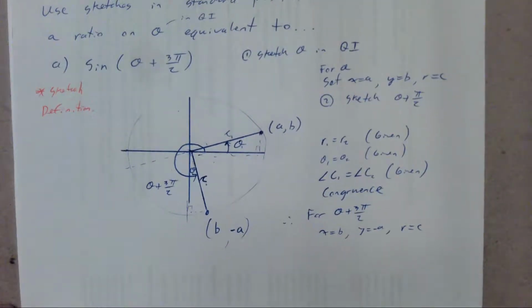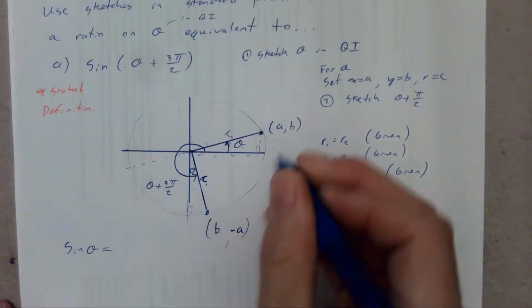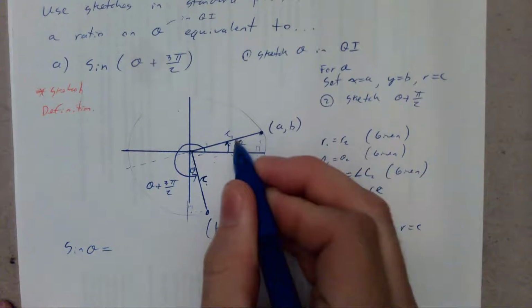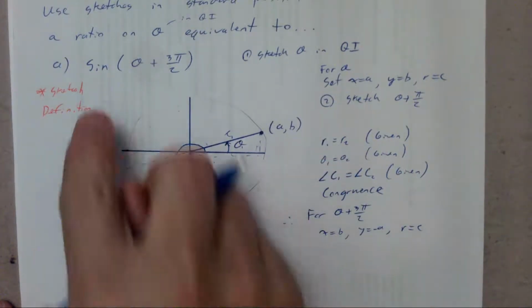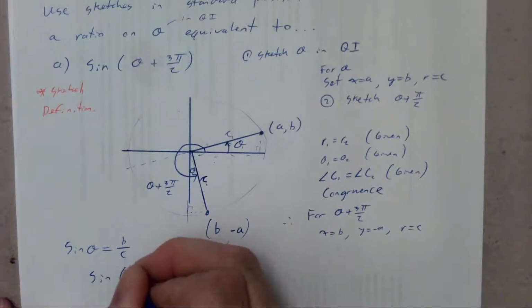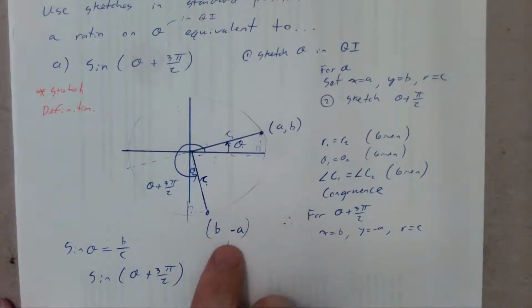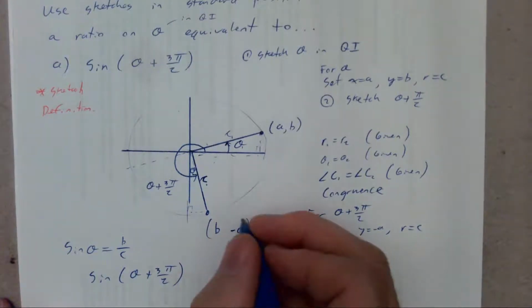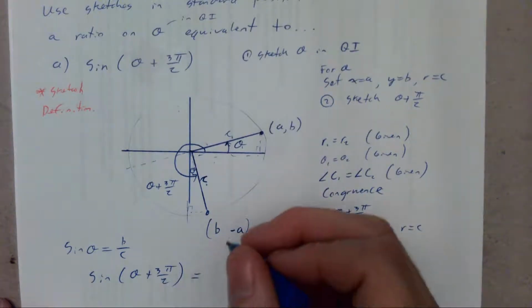Okay, let's concentrate on the sine here. I know that the sine of theta is going to be theta's y divided by theta's r. The sine of theta is b over c. I wonder what the sine of theta plus 3 pi by 2 is going to be. I shouldn't be wondering, I shouldn't be guessing. I can read it off of my diagram. The ratio of y to r is going to be, whoops.